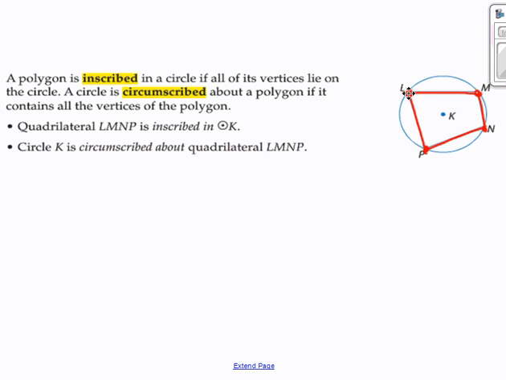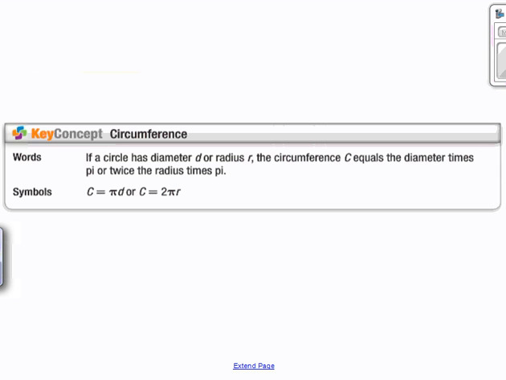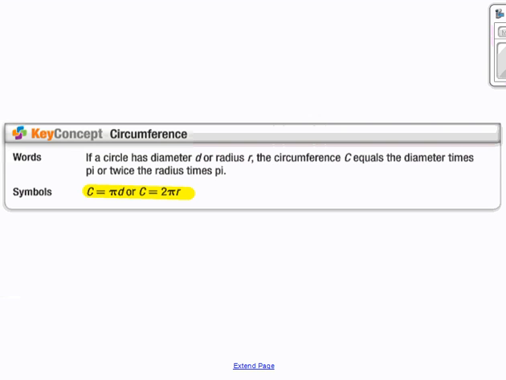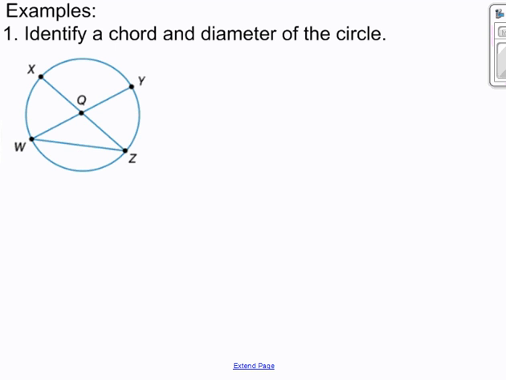So you would say the polygon's inscribed, but the circle is circumscribed. Okay, it's outside the polygon. Circumference, you already know this formula, but just to remind you, highlight this one. Circumference is the distance around the circle. So it's either pi times diameter or 2 pi r.